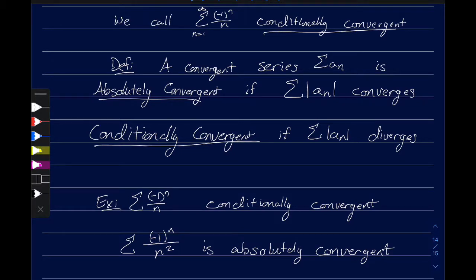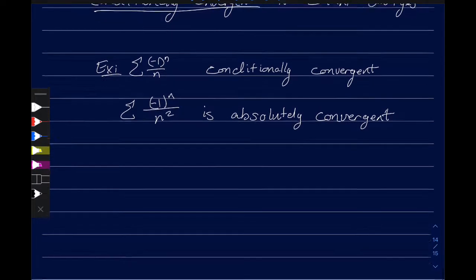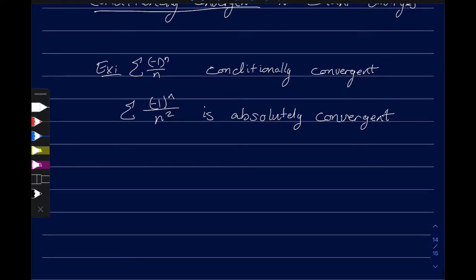Let's take a look at an example. We've already seen this one, but let's put it on the screen. The sum of -1 to the n over n is conditionally convergent, but the sum of -1 to the n over n squared converges absolutely.